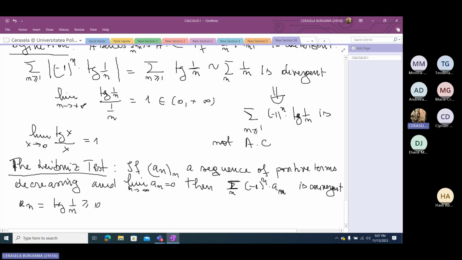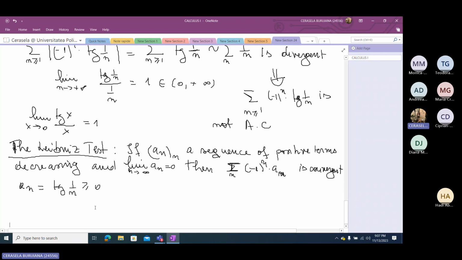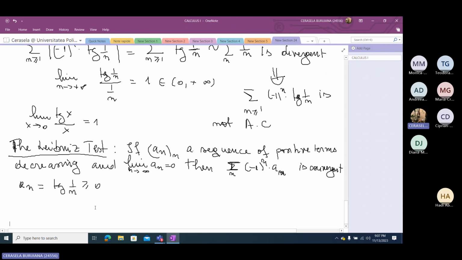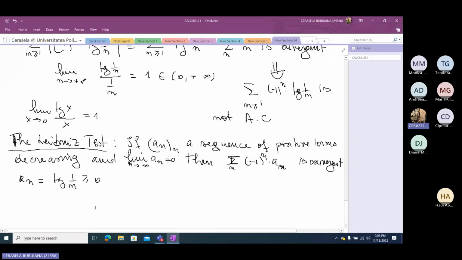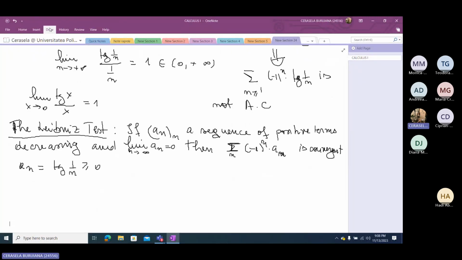Good. But also, on the interval (0, pi over 2), I know something regarding its monotony. Is it increasing or decreasing? What do you remember from high school? If you want, you may draw the graph of the function to see it better.